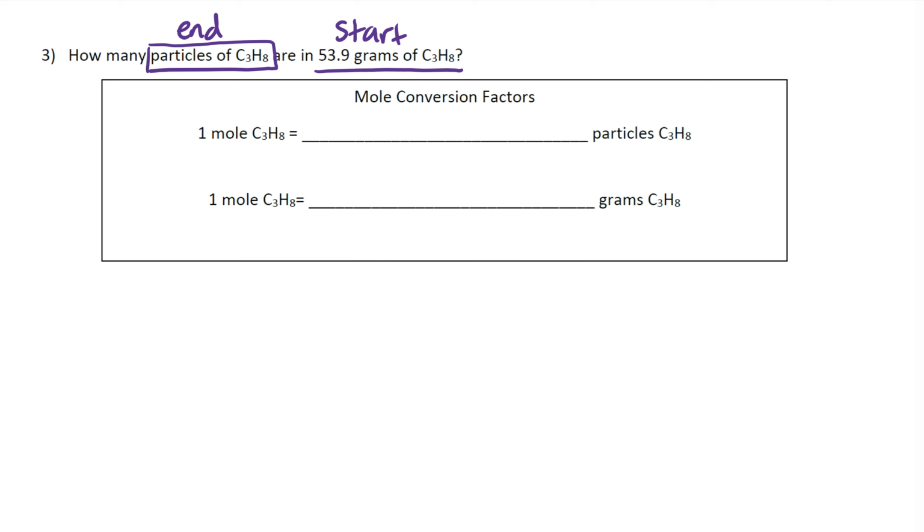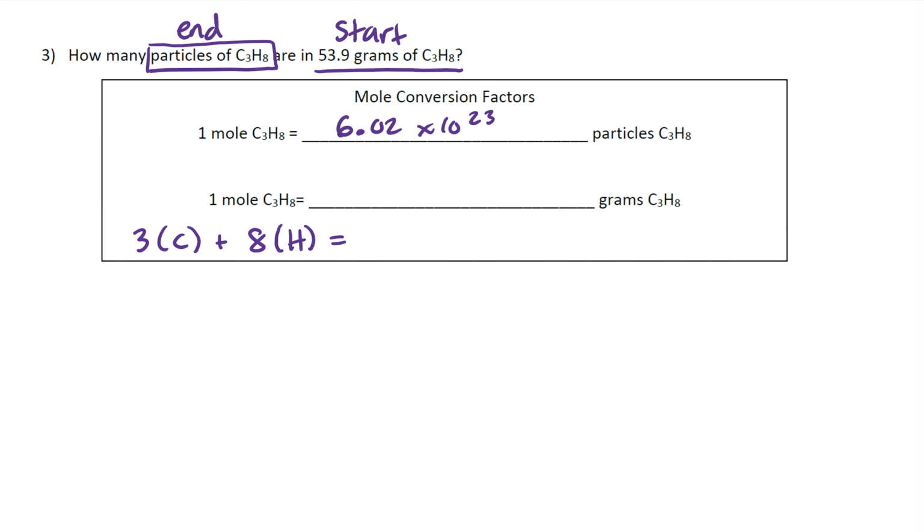So you have written this on your paper. 1 mole of C3H8 is equal to, you probably guessed it, 6.02 times 10 to the 23rd particles of C3H8. 1 mole is equal to a certain number of grams, and this is where we have to use the periodic table. Our formula is going to be 3 atoms of carbon plus 8 atoms of hydrogen.